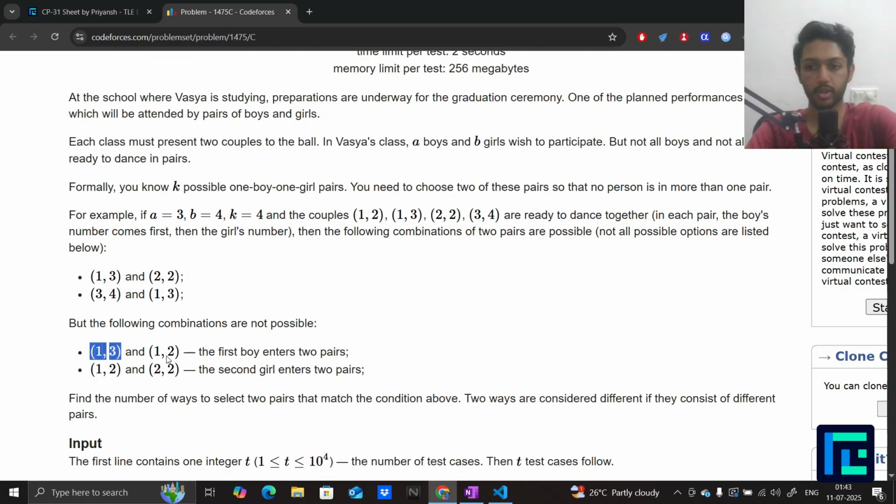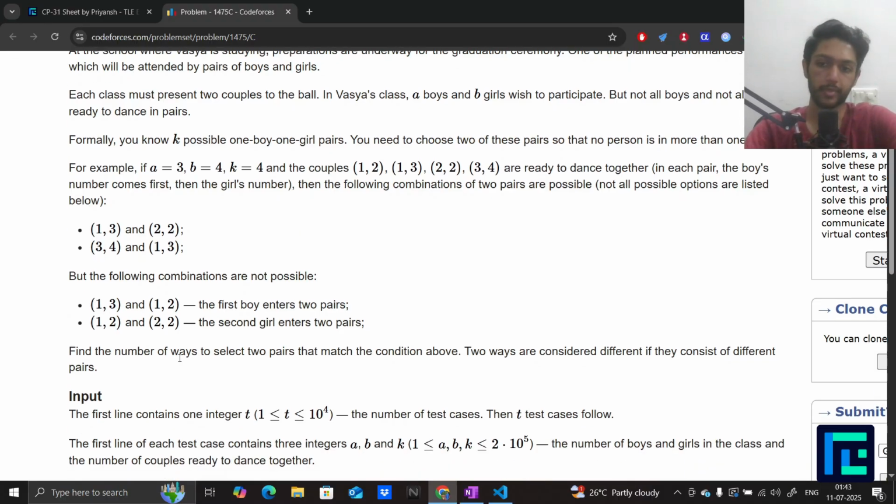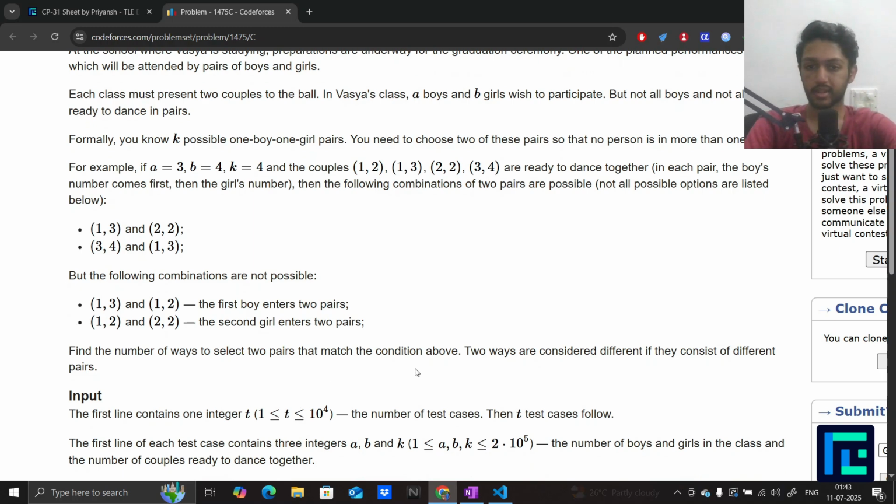Like 1 3 and 1 2: even though 1 3 are ready to dance together and 1 2 are also ready to dance together, the boy number 1 is common in both of them, so it is not possible. And similarly 1 2 and 2 2 is also not possible because girl number 2 is common. Find the number of ways to select two pairs that match the condition above. Two ways are considered different if they consist of different pairs.